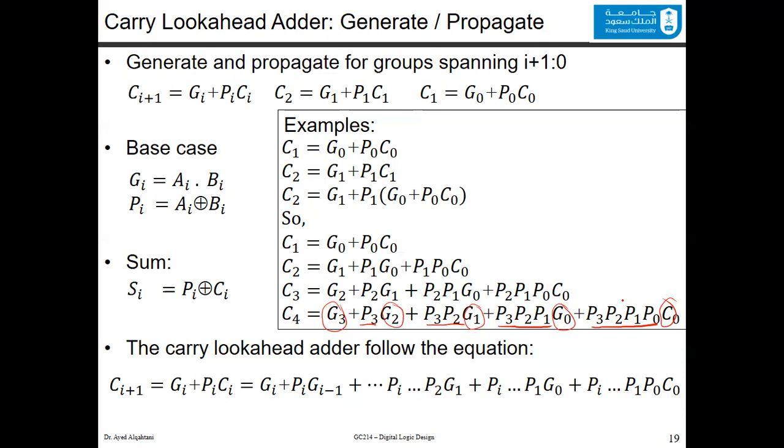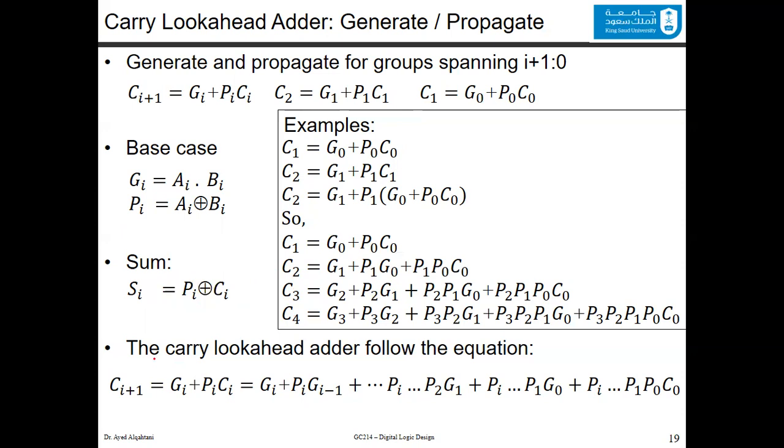This is the idea behind the carry look-ahead addition, is finding those terms, and we know now how to find them. Now the sum is actually the propagation signal XOR with the Ci, XOR with the current carry. So you have the current carry that you generated, either C1, C2, C3, or C4, and then you XOR it with the propagation signal that you already defined in the base case.